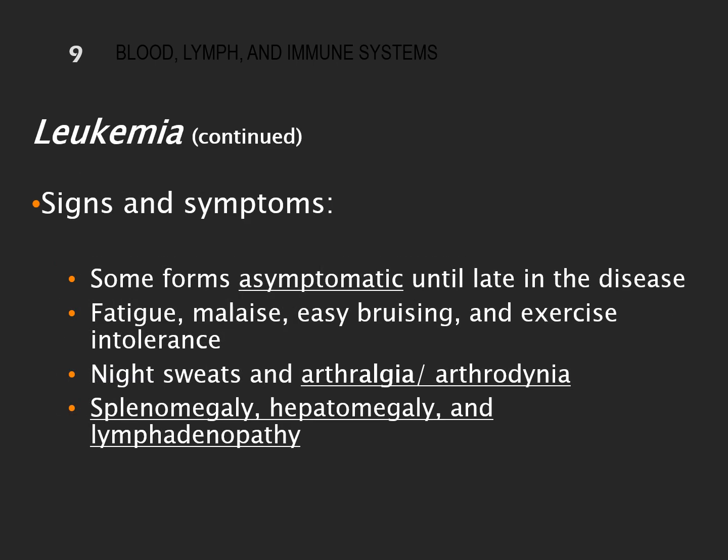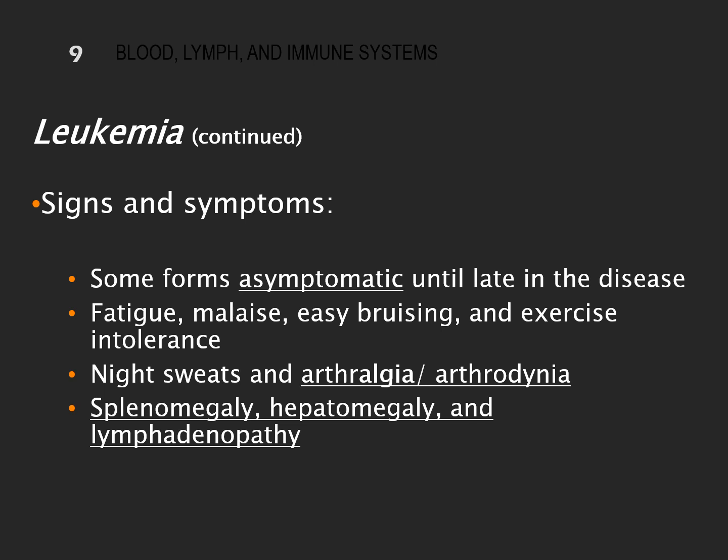So these are the signs and symptoms of leukemia, and I underline those that are medical terms. So asymptomatic sometimes, meaning it does not show any symptoms, but oftentimes there's fatigue, malaise or weakness, easy bruising, exercise intolerance, there's night sweats, and then there's arthralgia or arthrodynia.